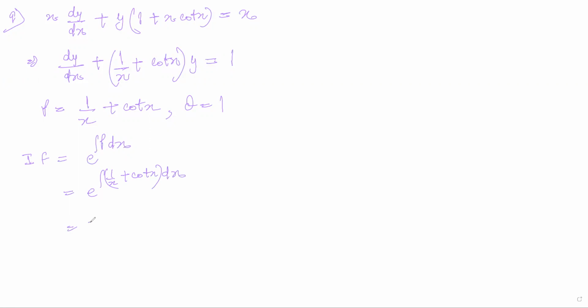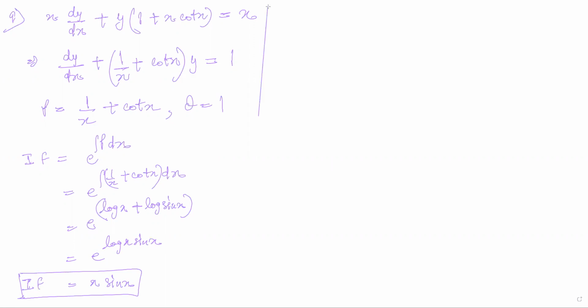Now the integration of 1 by x is log x, while the integration of cot x is log sin x. This is log a plus log b, which becomes log of ab. So x sin x and e can be replaced. So integrating factor is x sin x. Now let's talk about the solution part.